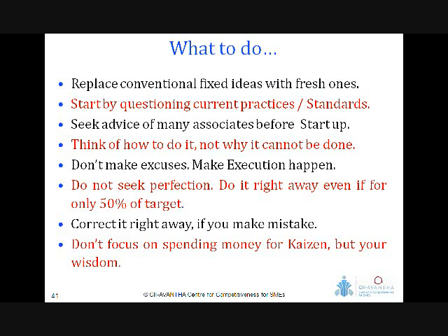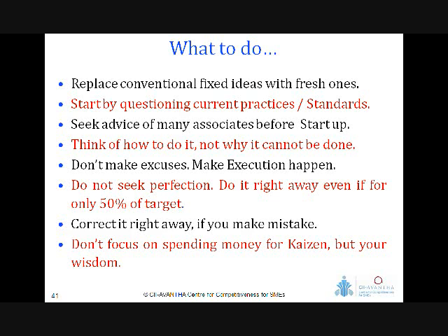You do not have to seek perfection in the first go. If you got an idea, you are thinking no more I have to think. Don't do that. If you have got some small idea, please implement it, even if your target is 50%. If you make a mistake, correct it at that time. Last but not the least, in Kaizen, don't focus on spending money.